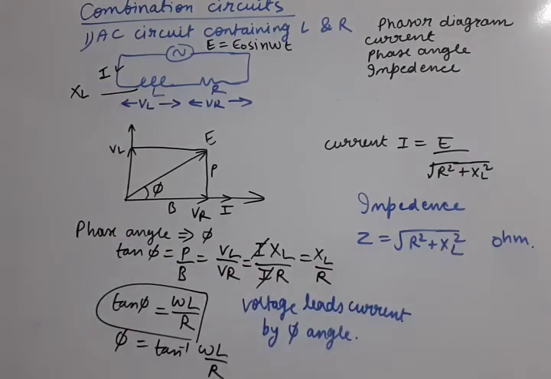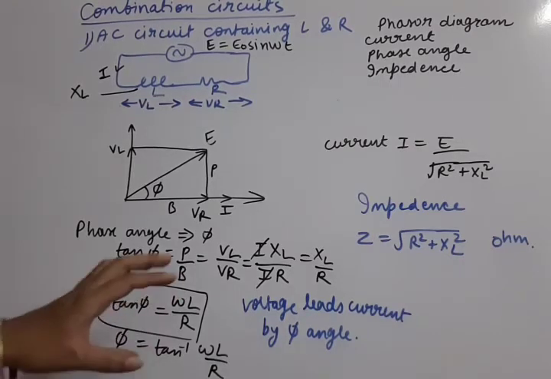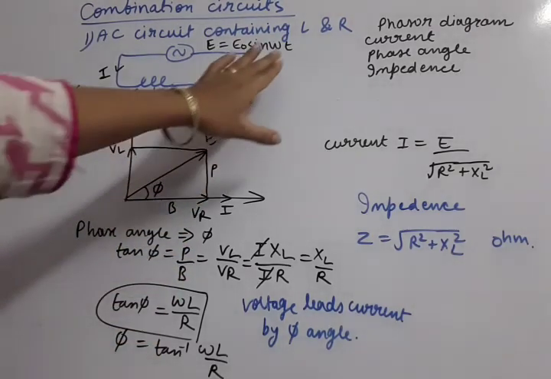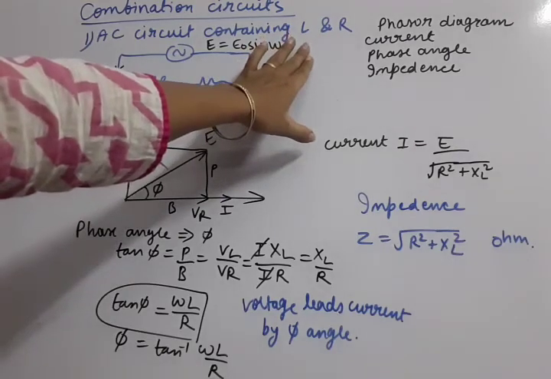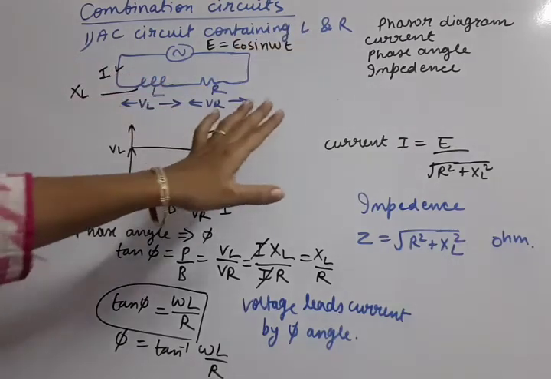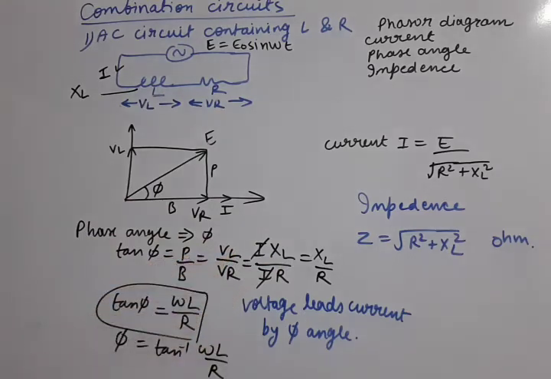This we call Z. We will do some numericals based on this LR circuit. Note down all these details. We will now complete the CR circuit in this sheet, and after all the conclusions, we will proceed to LCR and then to numericals.